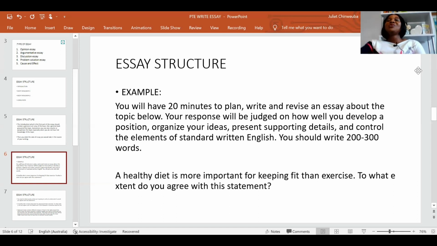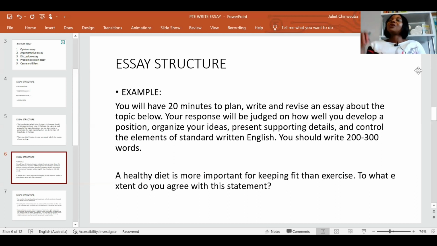You should write between 200 and 300 words. Remember, I've been stressing this over and over again. You get 2 marks for sticking to the word limit, which is 200 to 300. In fact, I made a mistake: I didn't put on that slide, from the scorecard, the box where you type in your response.